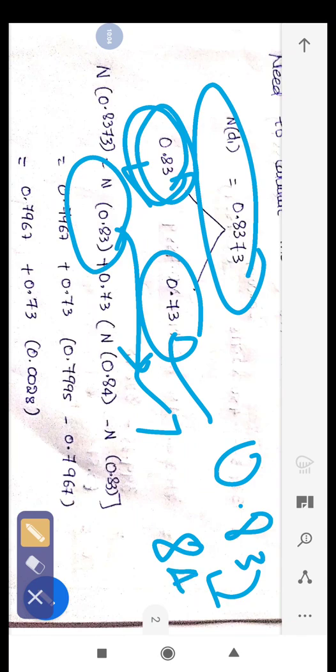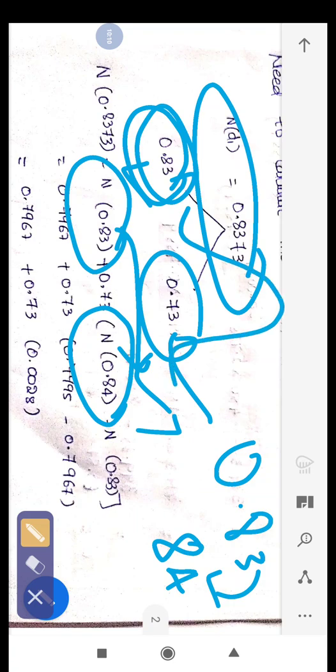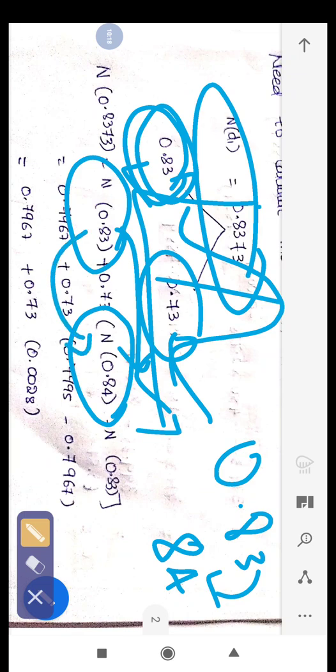That is 0.84. Why are we applying this? When we plot the normal distribution, this 0.83 will come in the 0.84. So this is the reason why we use the number after 0.83.